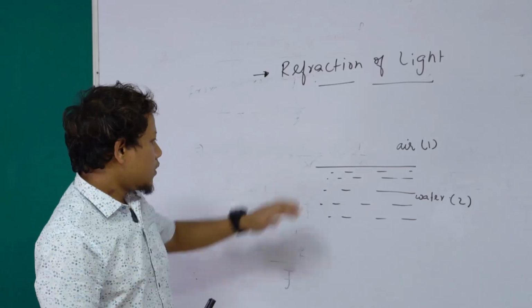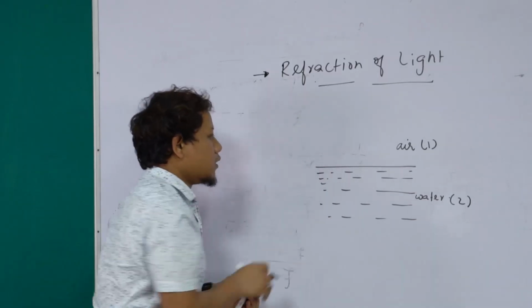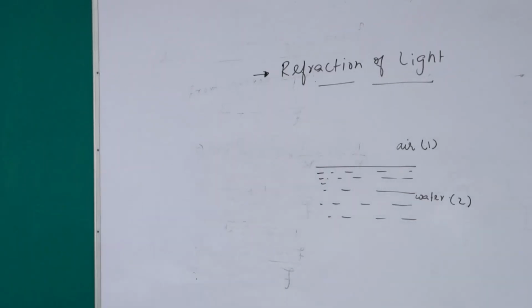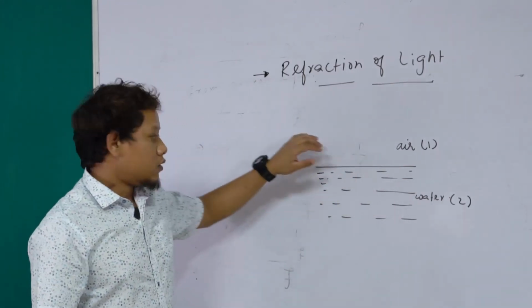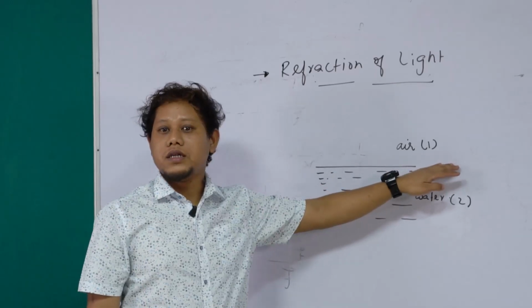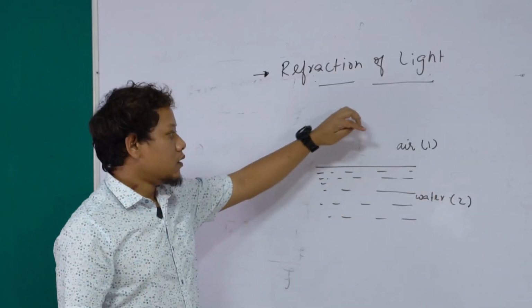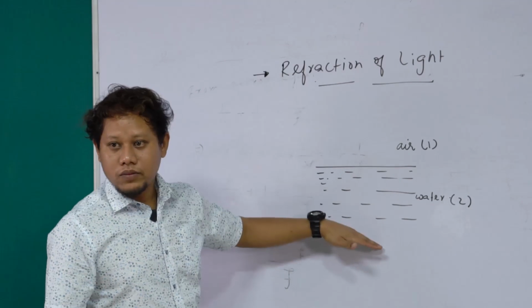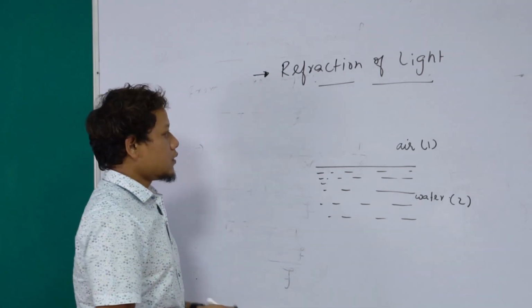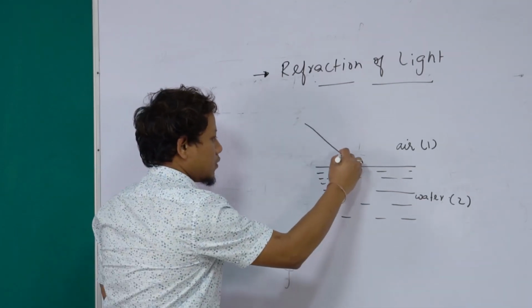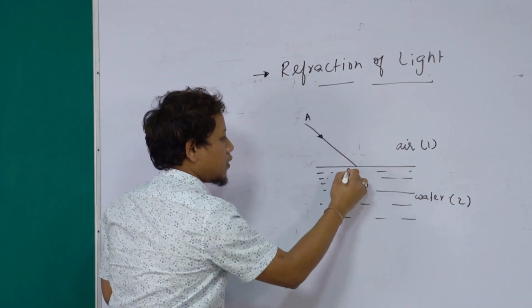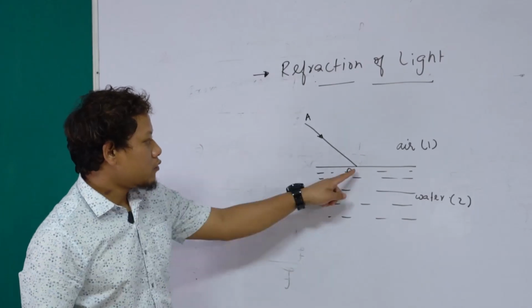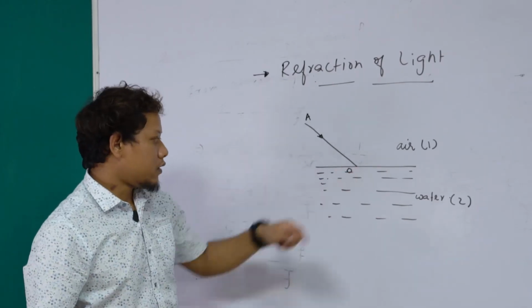Now you see this line I have drawn here. This line distinguishes between the air medium and water medium. So this is what we call the interface, the interface between two media. I hope it's clear. Let us consider a ray of light traveling along AO. It encounters this interface, means it strikes this interface.